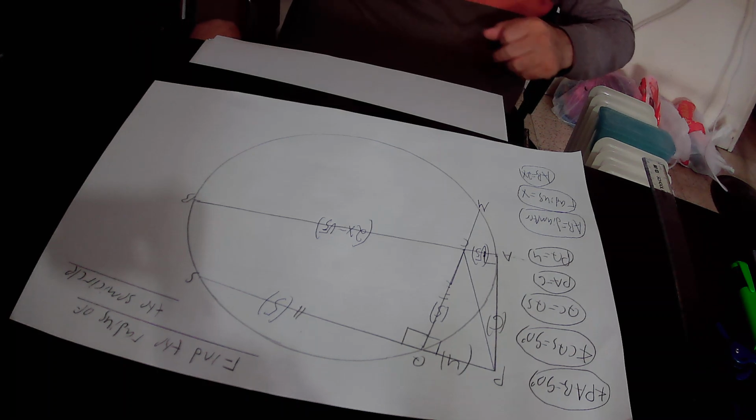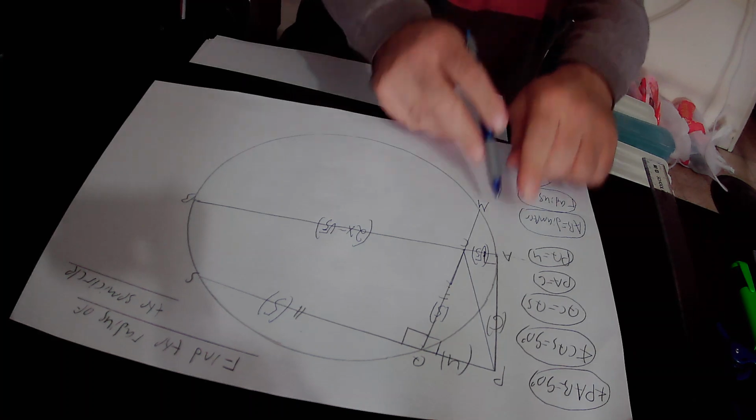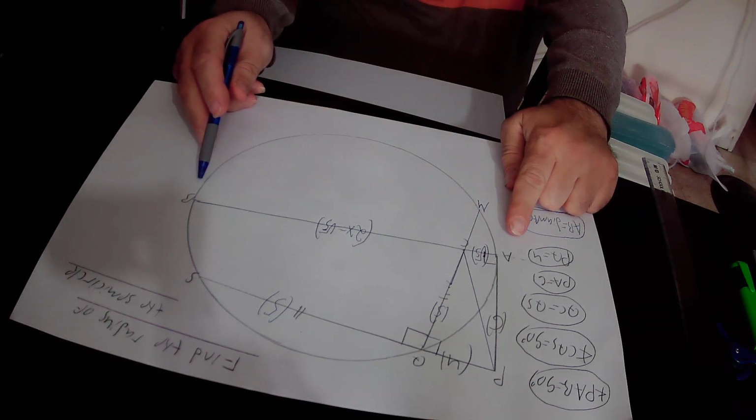Why? Because in our drawing, we have chord AB, which is actually also the diameter of the circle.